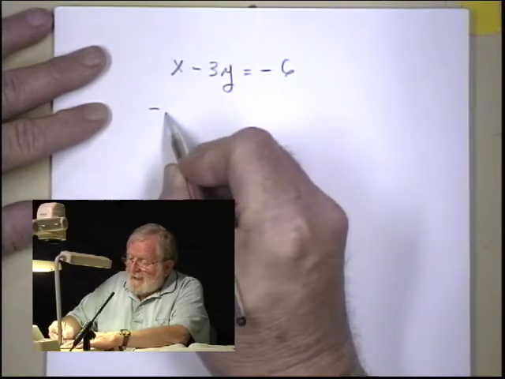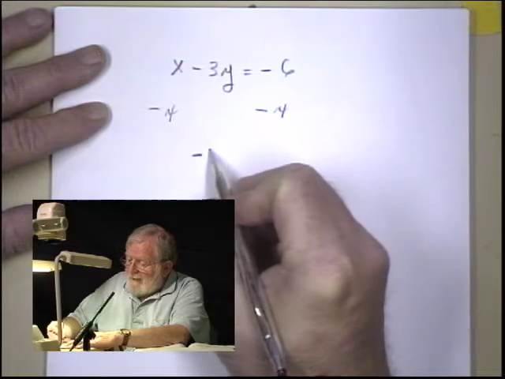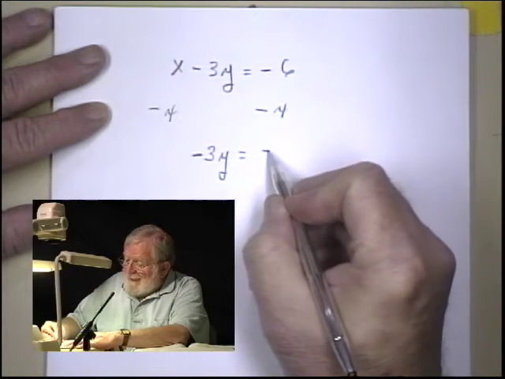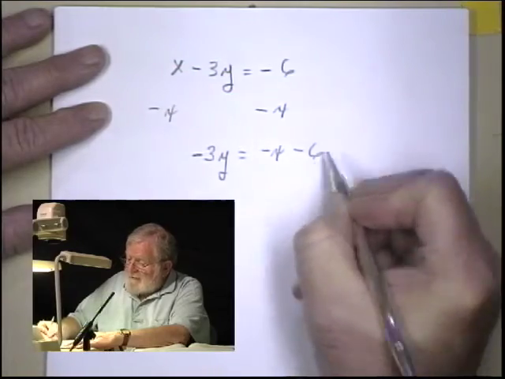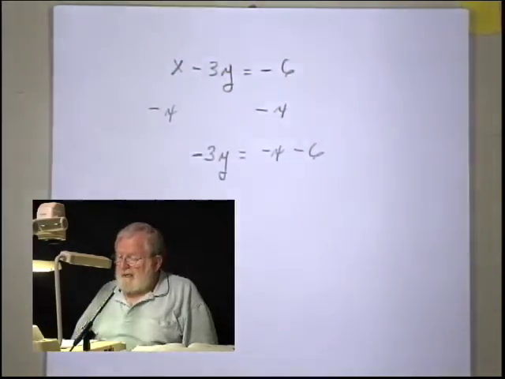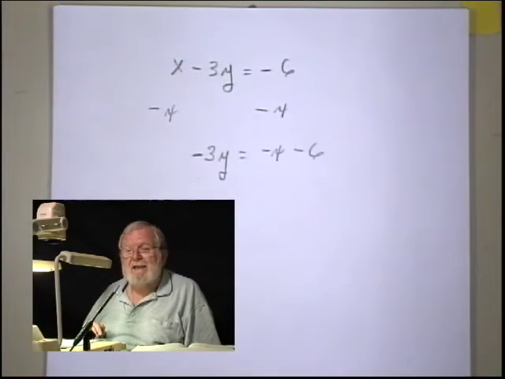So we'll subtract x from this side and subtract x from this side, and we have minus 3y equals minus x and minus 6. Notice that all of these are negative numbers. A way to get rid of them is just divide everything by minus 1.